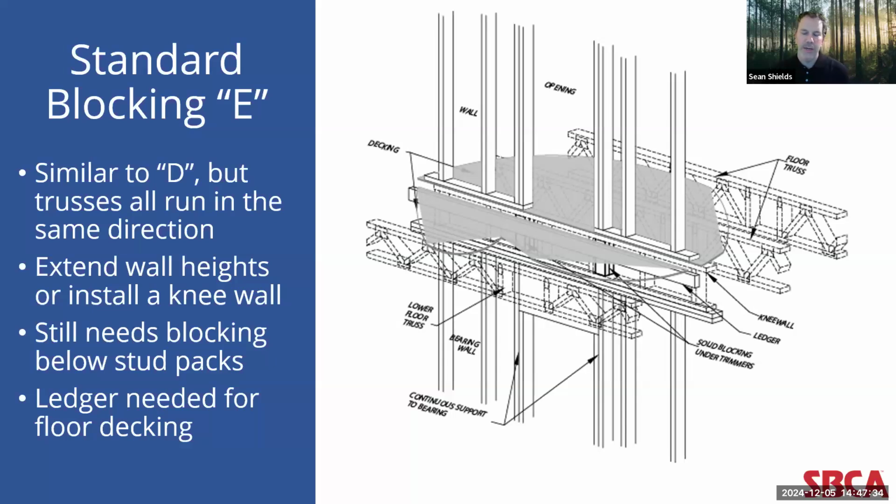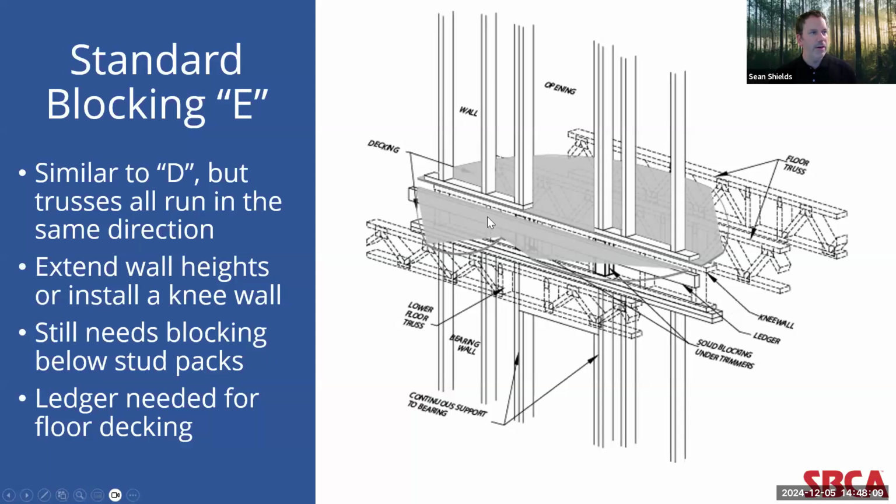The designer could elect to extend the wall studs up into the floor space to match the wall studs of the floor above. But if, either for cost or installation ease or whatever, you wanted to maintain standard wall stud lengths, you would need to install a knee wall between the upper and lower walls in the floor cavity. Again, that knee wall would need to include that same blocking.